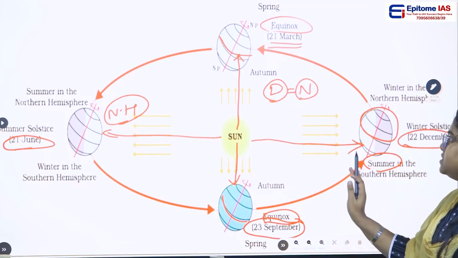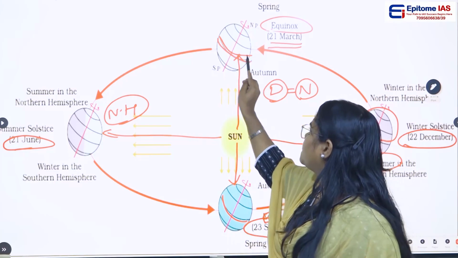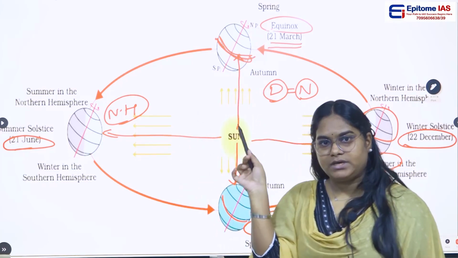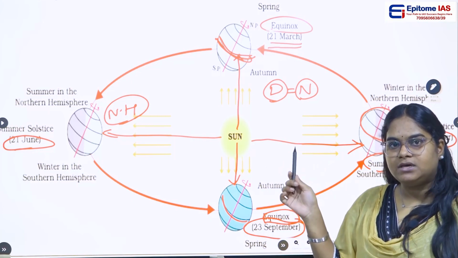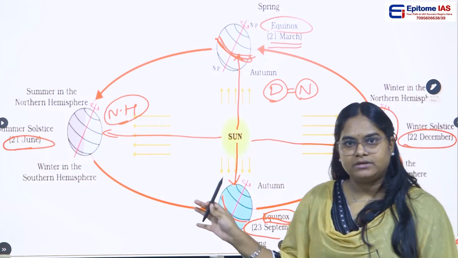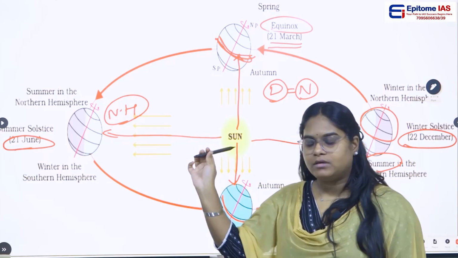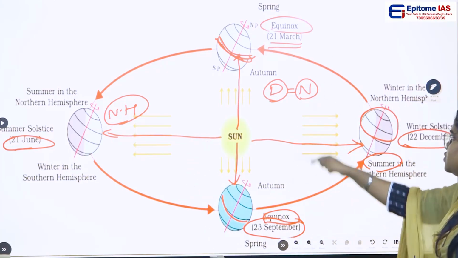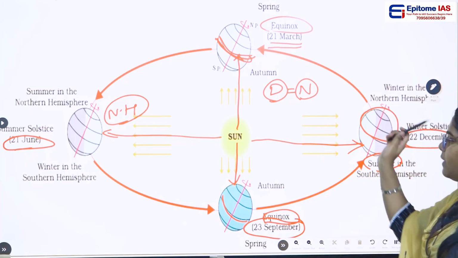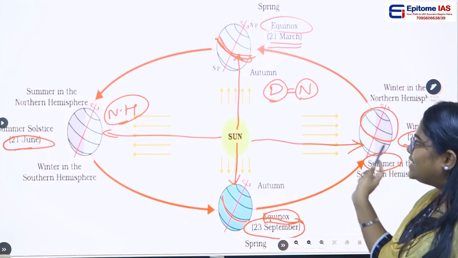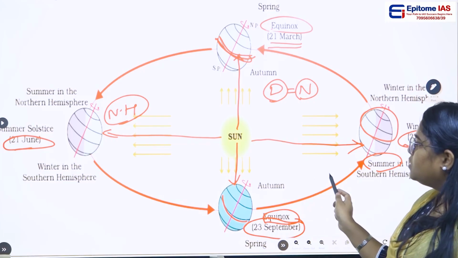Only these 2 times the sun has the direct rays over the equator. So we can say if we are standing on the equator, the sun is overhead. Apart from these 2 cases, the sun is not overhead at all.